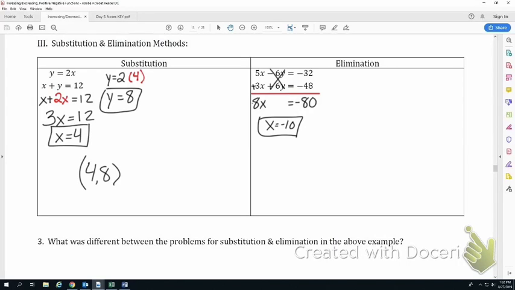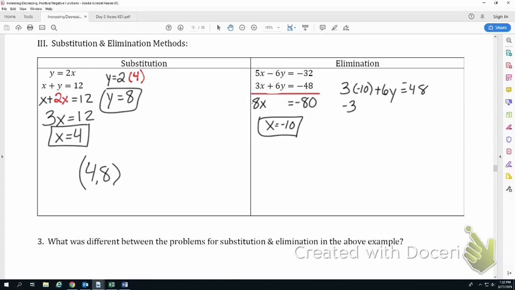Again, does it matter which equation I plug it into? No. So I'm just going to do the second one. So I've got 3 times negative 10 plus 6y equals negative 48. Yes, negative 48.